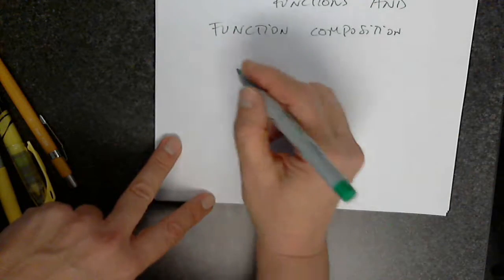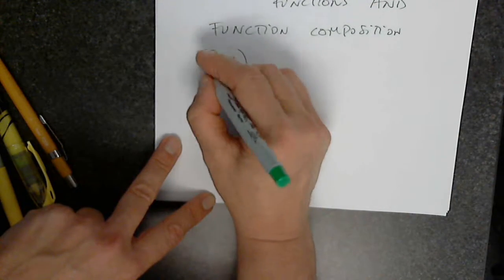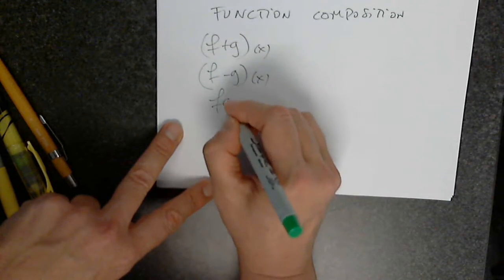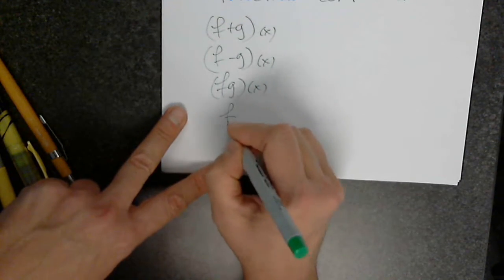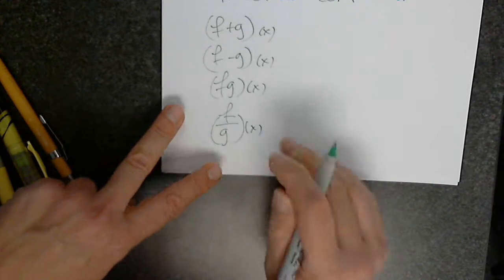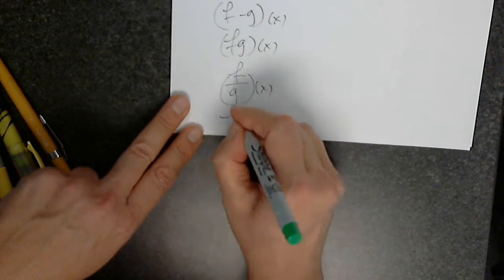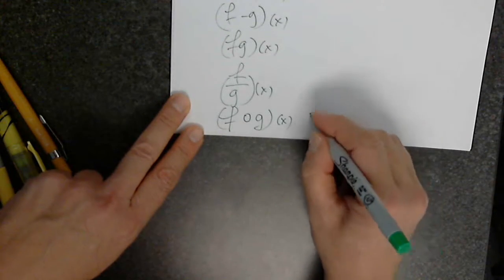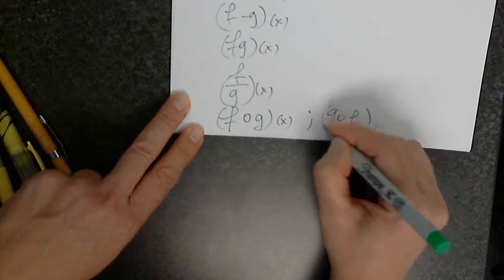By combinations of functions, we really mean a sum of two functions, a difference of two functions, a product of two functions, and a ratio of two functions. By function composition, we mean f comp g, or g comp f, or any other combo.